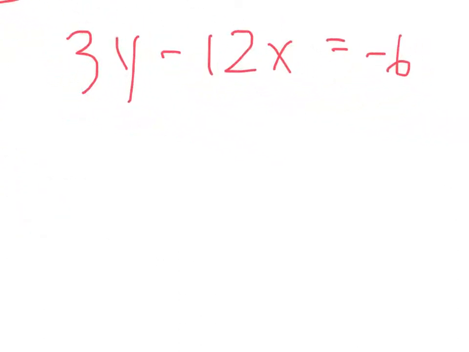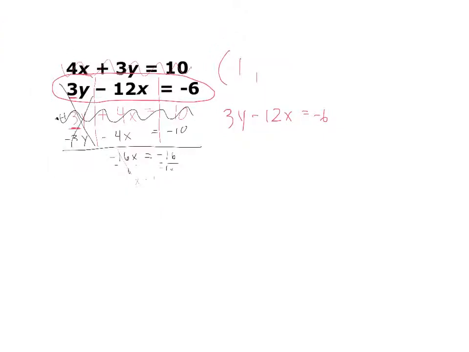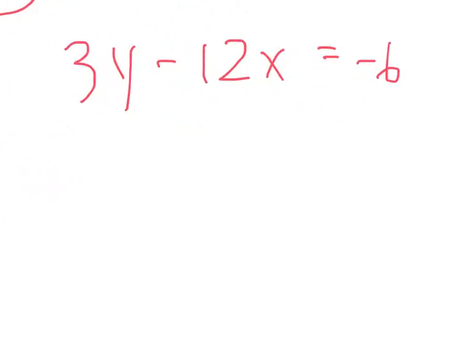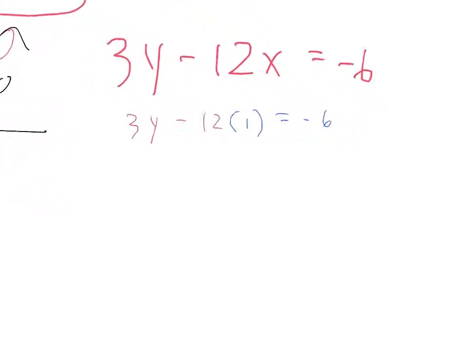Okay, so let's go ahead and solve that out. You would want to go ahead and plug in. Remember, our x is 1, so I'm going to rewrite it. 3y minus 12 times 1, and that all equals negative 6.